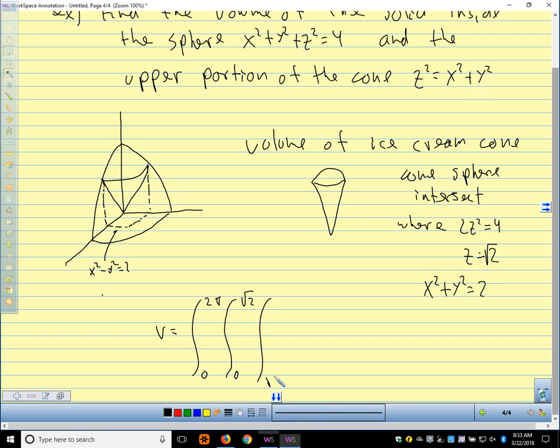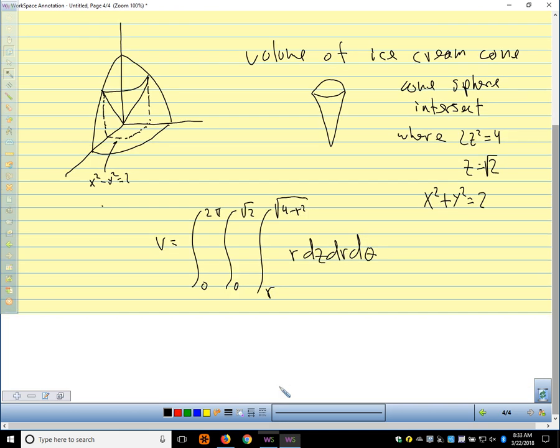And it goes up to the sphere, z equals the square root of 4 minus x squared minus y squared, so square root of 4 minus r squared. In cylindrical coordinates, the equation of this sphere is z equals the square root of 4 minus r squared. And then we have r, dz, dr, d theta.